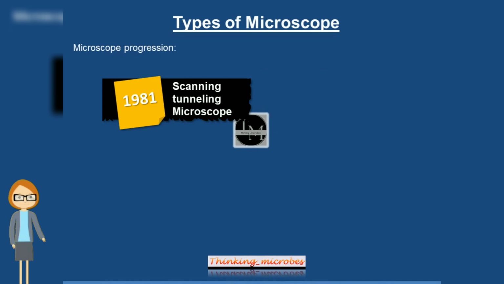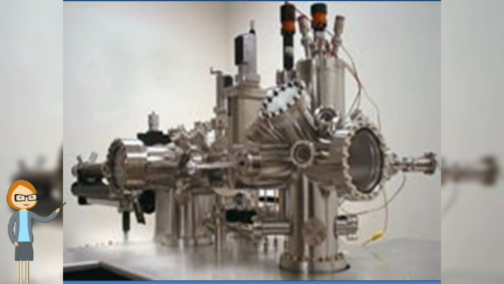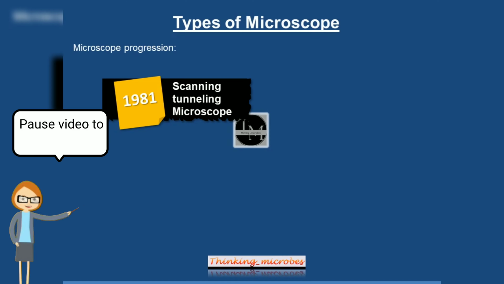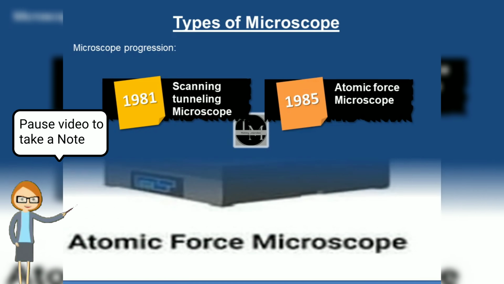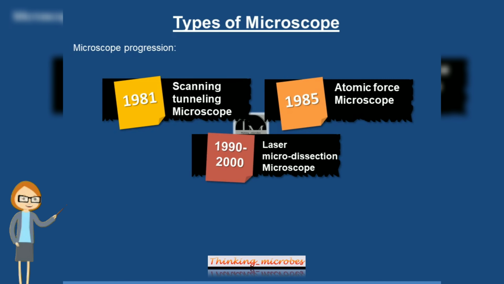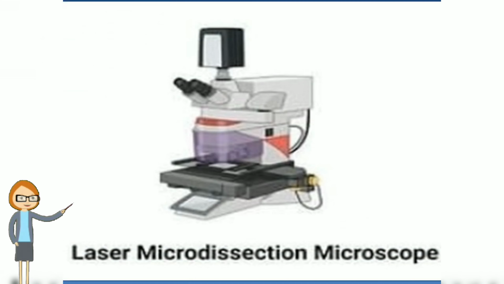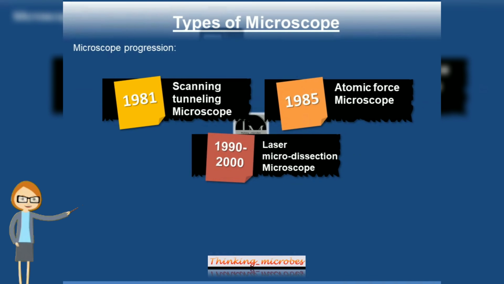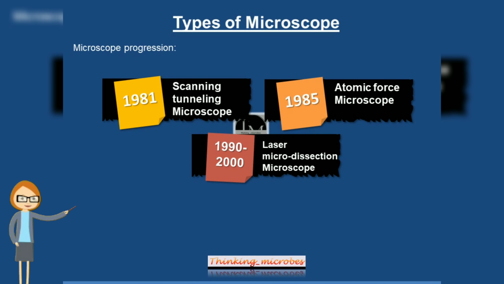Now coming to the third list: the scanning tunneling microscope, the atomic force microscope and the laser microdissection microscope. These microscopes belong to the New World era. They were invented between 1981 and 2000.